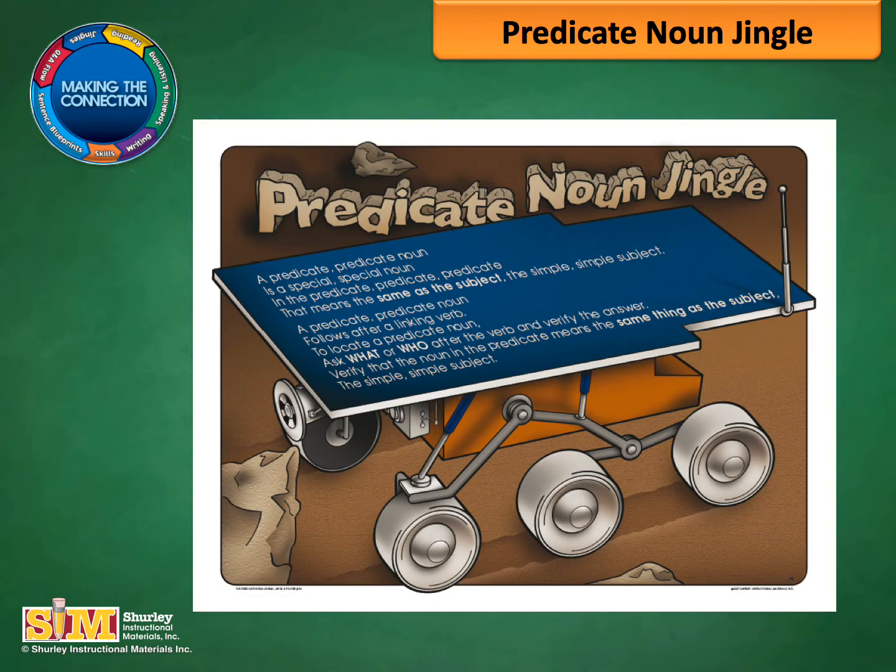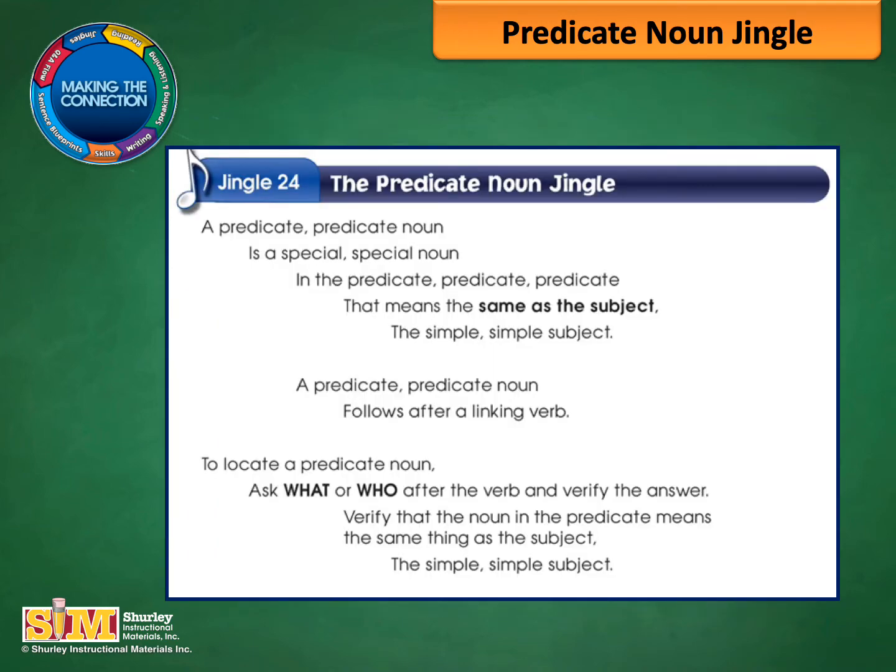The lesson will begin with students going over the predicate noun jingle. They will recite it a couple of times until they can recite it together smoothly. The predicate noun jingle sounds like this if you choose to chant it. A predicate noun is a special noun in the predicate that means the same as the subject, the simple subject.